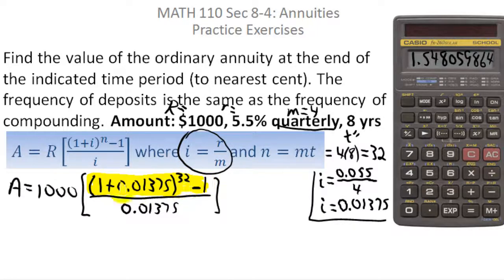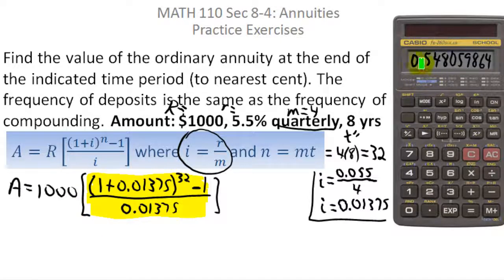The next thing I want to do is subtract 1. Since the exponentiation part is already in the calculator display, I just do minus 1 equals. I get 0.05408059864. Again, looking back, that quantity needs to be divided by little I, which is 0.01375.